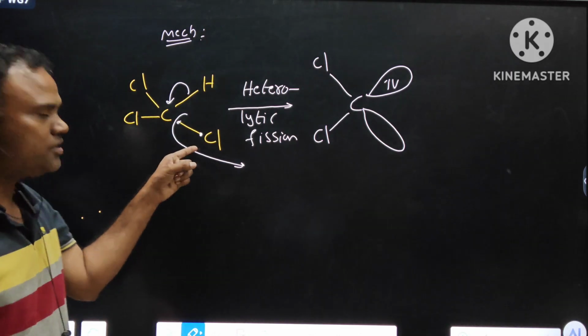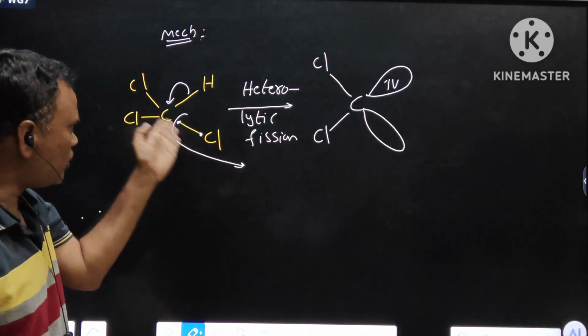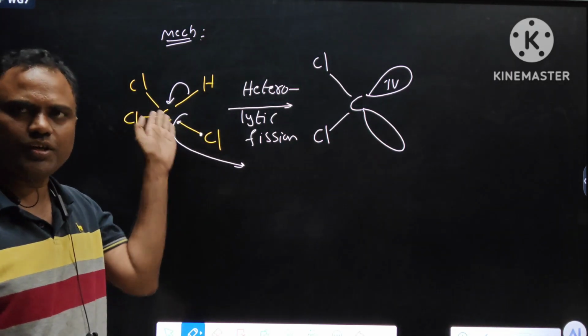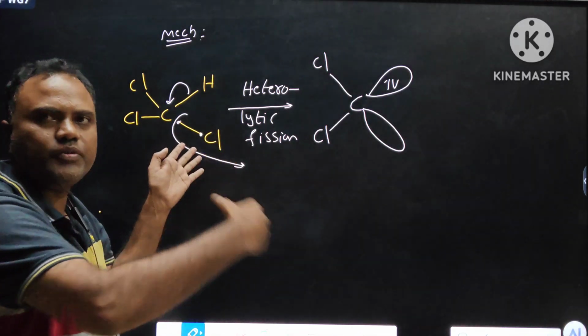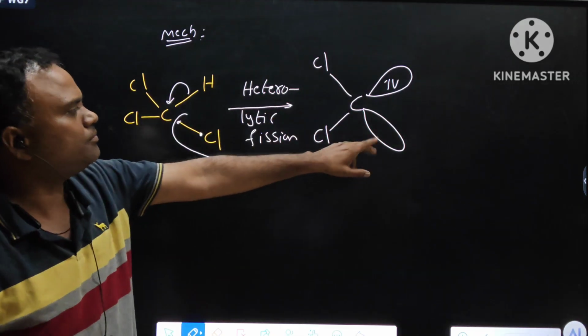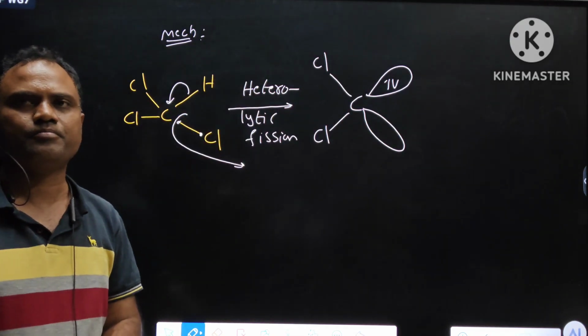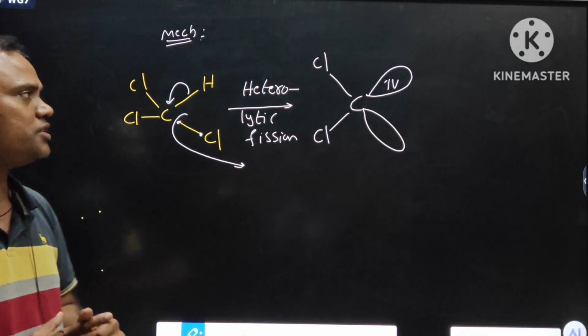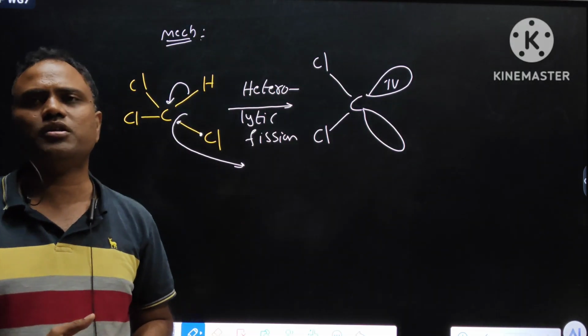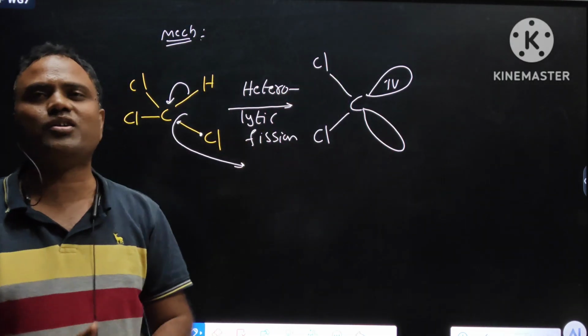Clear? But in this case, imagine one hybridized orbital is present here. Chlorine is taking 2 electrons and leaving a vacant space. So a vacant orbital is formed. When heterolytic fission takes place, one vacant orbital and paired electrons are formed.